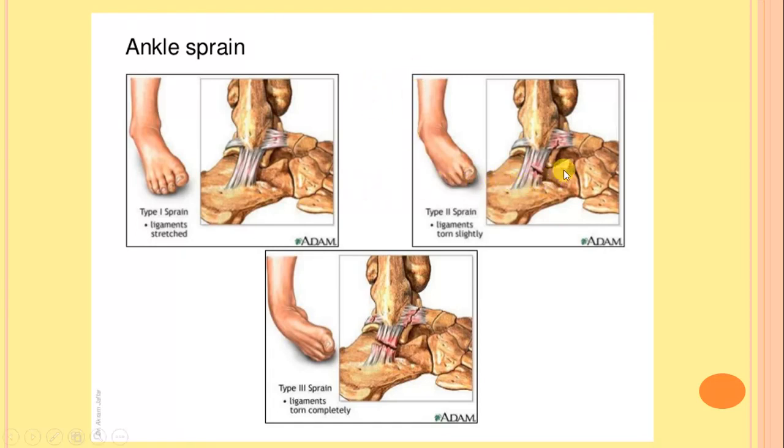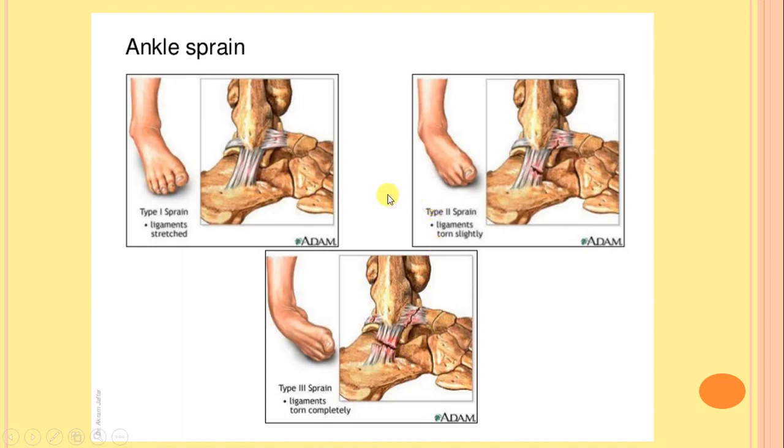Here we see the injury, the sprain. Type 1 is when the ligament is only stretched. But in type 2, there is tearing of the ligament, a slight tearing. And in type 3, the ligament is completely torn.